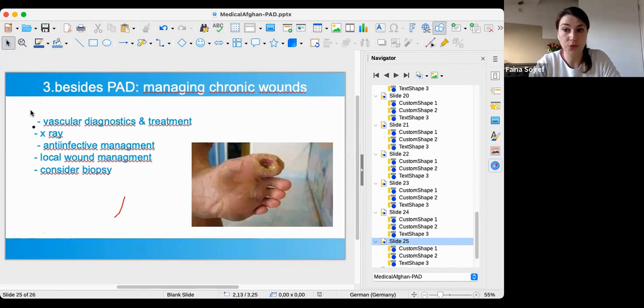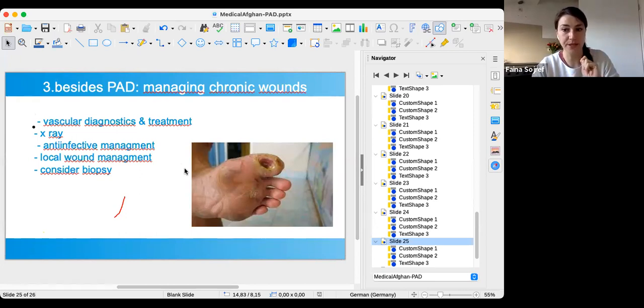Well, we approach our wounds from three sides: from the vascular side, from the antibiotic, antimicrobial side, and from the local management. So vascular diagnostics means do the screening and the diagnostics for PAD. If the wound is located up here on the ankle, then you should think about veins as well and check the veins, not just the arteries.